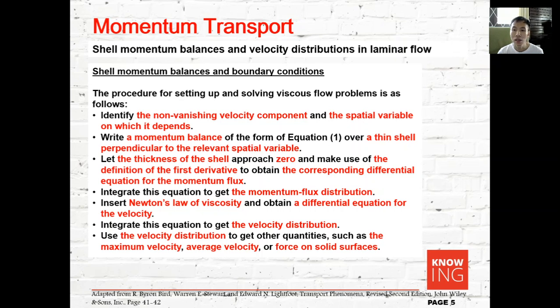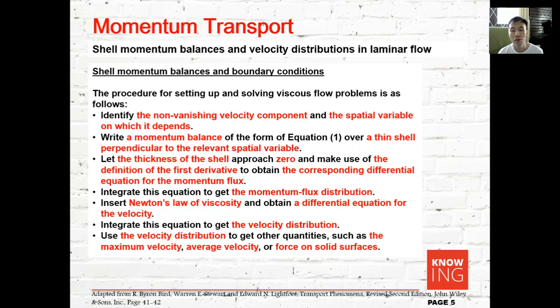Because this is called transport phenomena, our focus is actually on the microscopic scale. It's not like in your intro course, where you focus more on the macroscopic system, or in the physical scientist's realm, where the focus is on the molecular scale. Here we are dealing with the microscopic system.